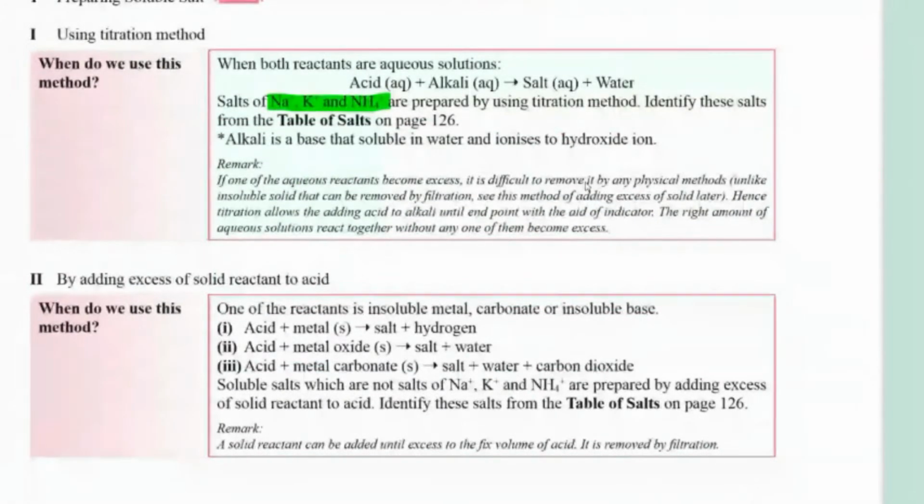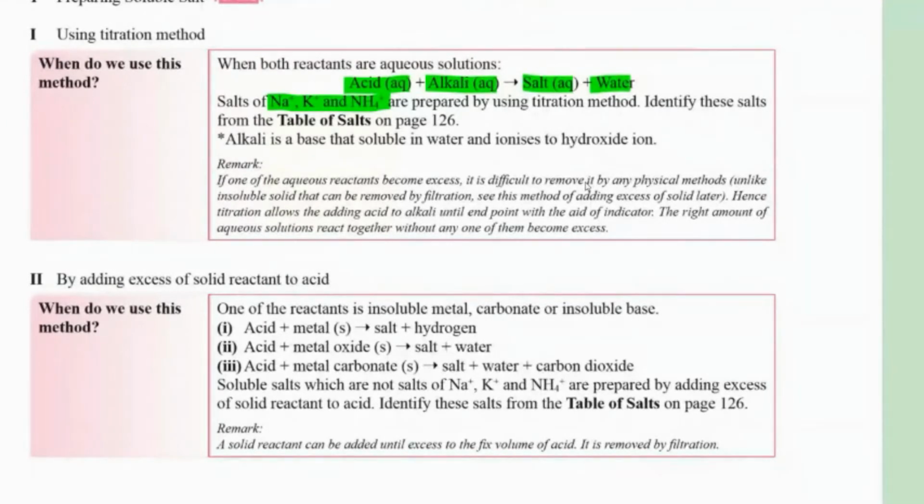In the titration method, an acid reacts with alkali and produces salt and water. The alkali is a base that is soluble in water and ionizes to form hydroxide ions. If one of the aqueous reactants becomes excess, it is difficult to remove it by any physical method.